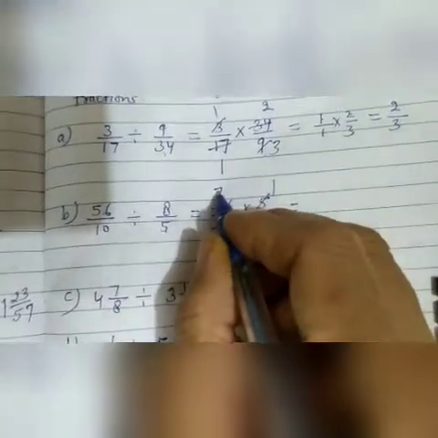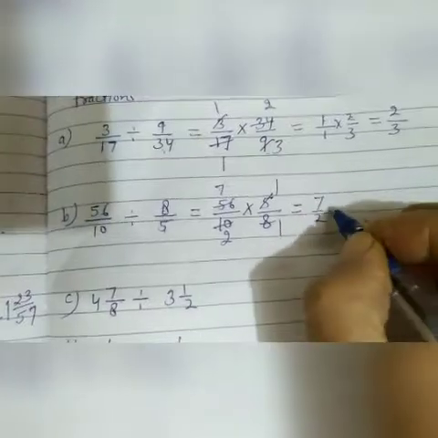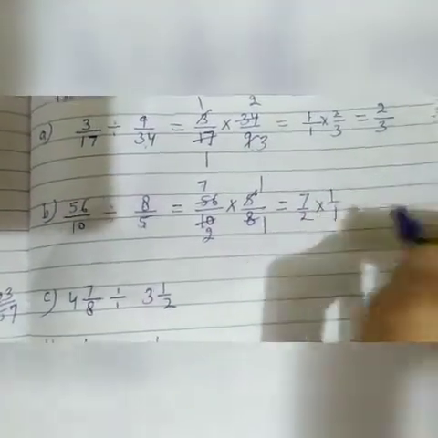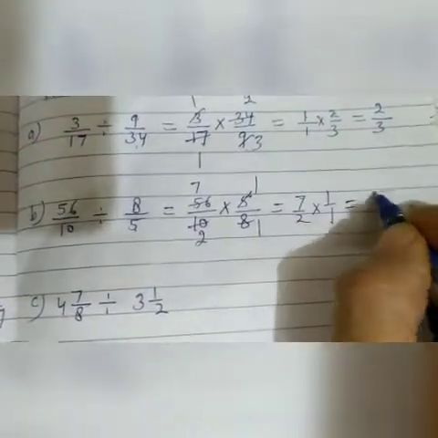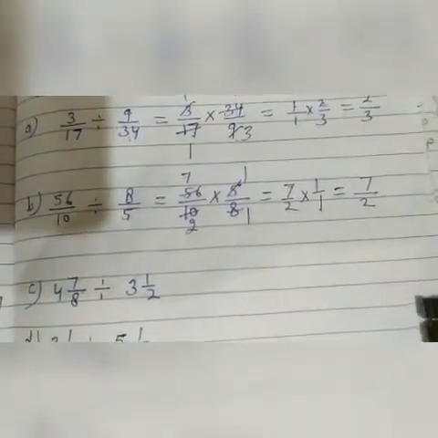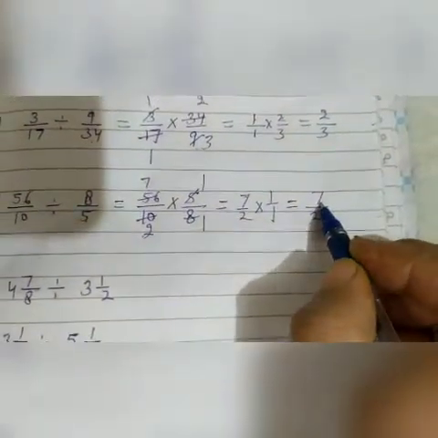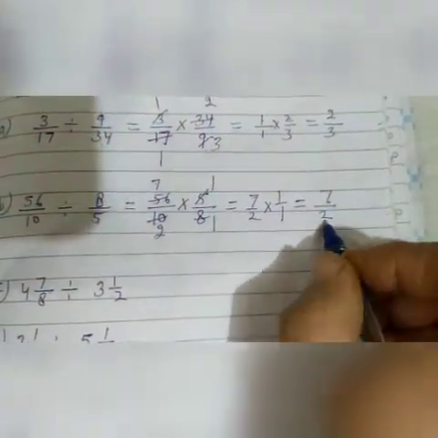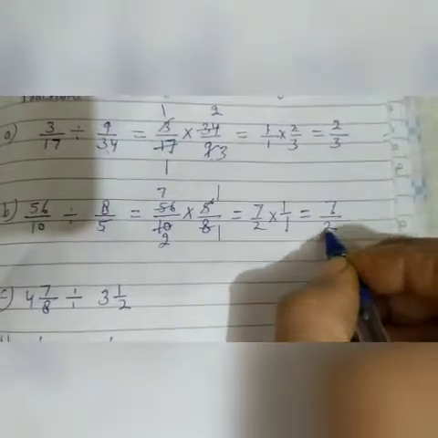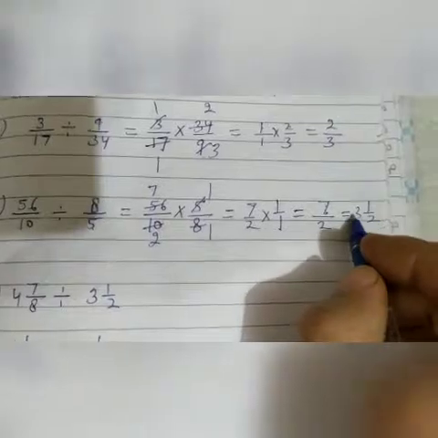So it will be 7 into 1, 2 into 1. 7 upon 2 into 1 upon 1. It will be 7 ones are 7 upon 2. Now it is an improper fraction, because the numerator is greater than the denominator. We will divide 7 by 2, then we will get 3 and 1 upon 2. 2 threes are 6 plus 1 is 7.